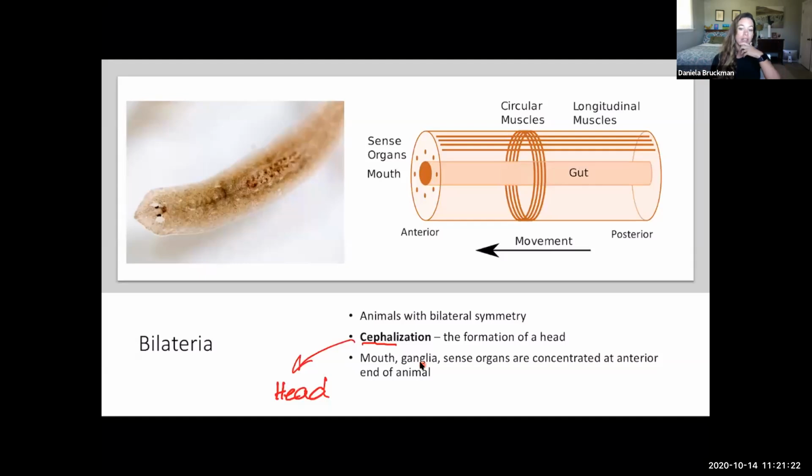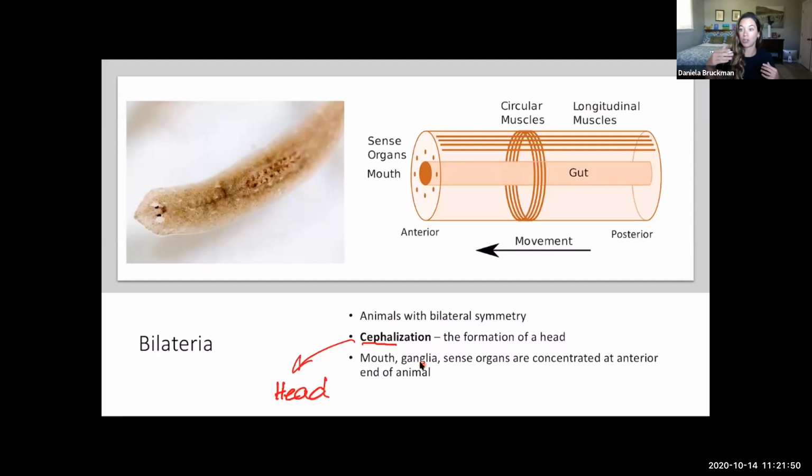They've got cephalization. And, you know, if you also think about the advantages of this as far as movement goes, remember animals are movers. If you have a head, then there's more intentionality in the movement because you're encountering your environment with the anterior end of your body. This is the part of your body that's basically coming into contact with the environment first if you're moving in a particular direction, right?